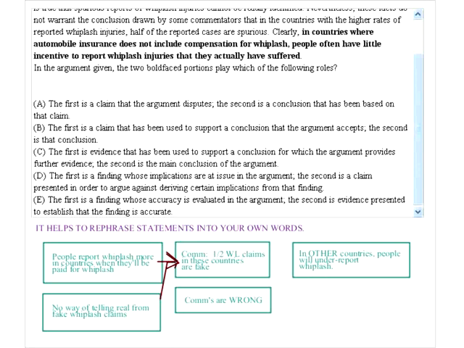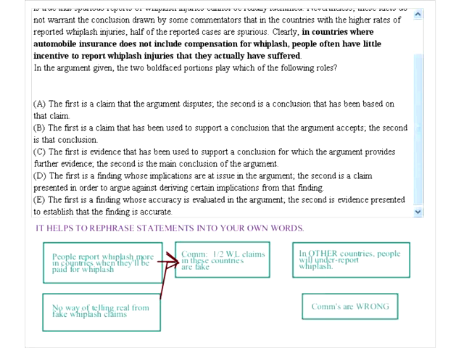But the commentators are incorrect about that, so this stuff is a counterargument. That's a but. And then if we use a therefore test here: the commentators are wrong, therefore in other countries people will underreport whiplash? No. In other countries people will underreport whiplash, therefore the commentators are wrong. So that's the direction.